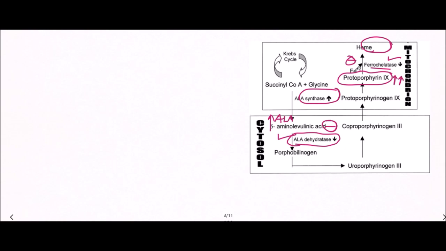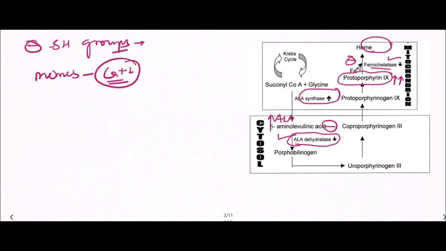Some other mechanisms are also there. Lead inhibits sulfhydryl groups in various enzymes, and lead mimics calcium, so it accumulates in various tissues and bones.